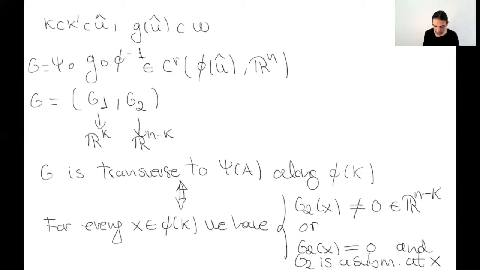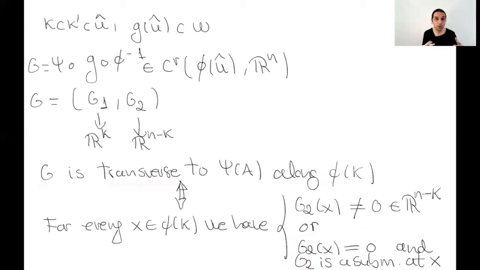Because if we have a map G that is transverse to psi A along the phi K, what happens is that for all points in the preimage of 0 by G2, we have that G2 is a submersion.